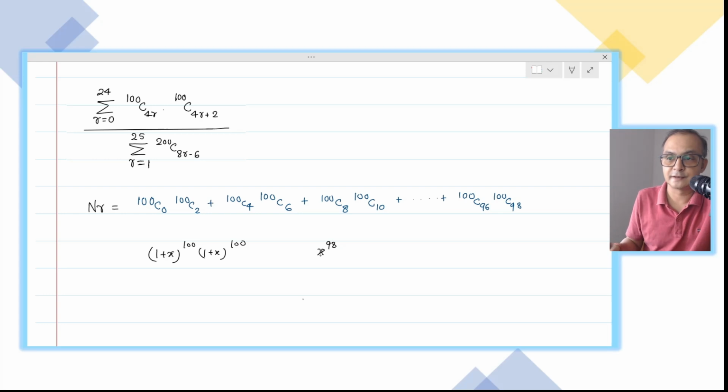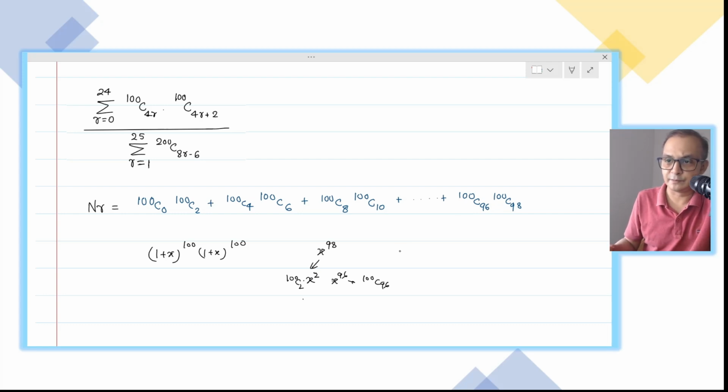It means we have to also assume the power of x square and x to the power 96. It means for that I need 100C2, and for that I need 100C96. So this you can say is from here, but no problem.